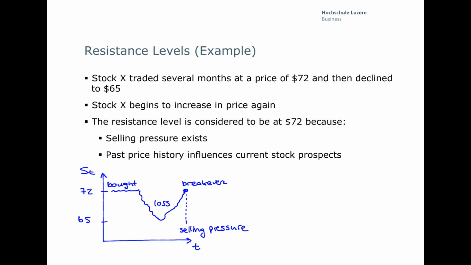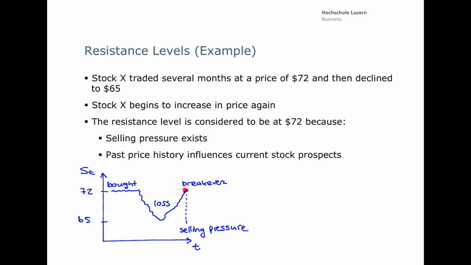Resistance levels explained in an example. Consider stock X, which traded for several months at the price of $72 and then declined to $65. If the stock eventually begins to increase in price again, 72 will be considered a resistance level.